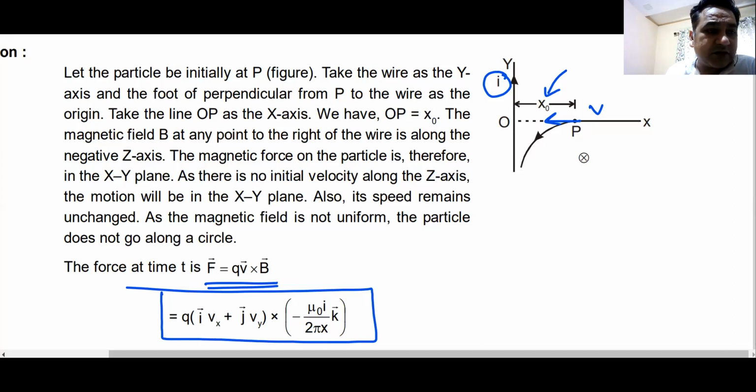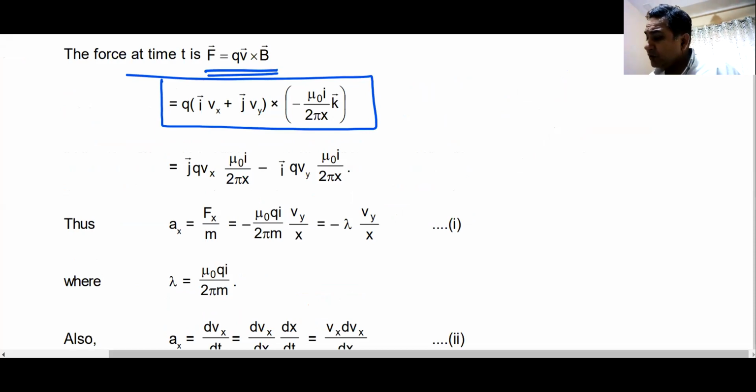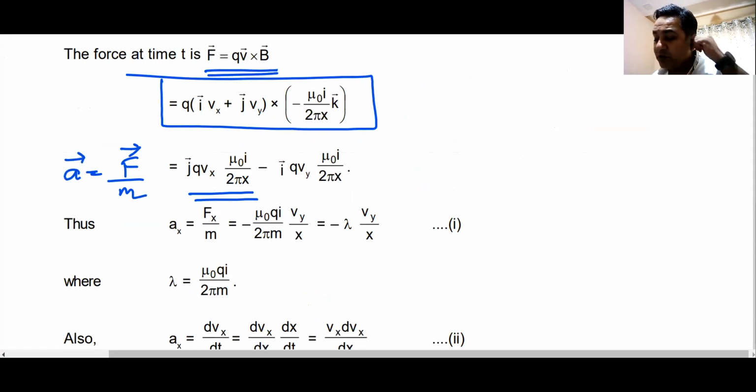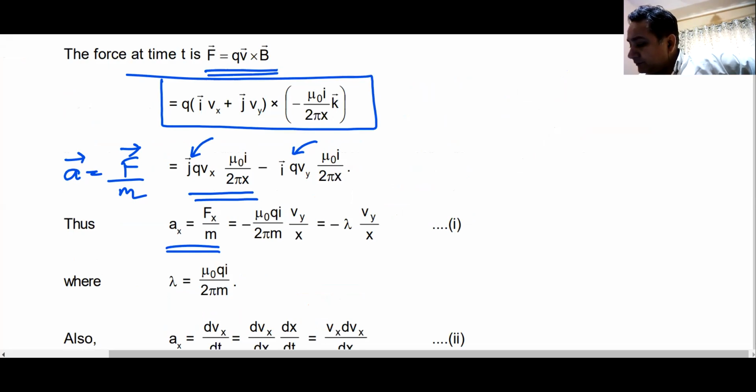Once you have this cross product, you will have this as force. If you divide this force by the mass, you will have the acceleration. When you have this acceleration, you will have two components, one along the i axis and one along the j axis. The i axis one will be ax and the j axis one will be ay. Yes or no?